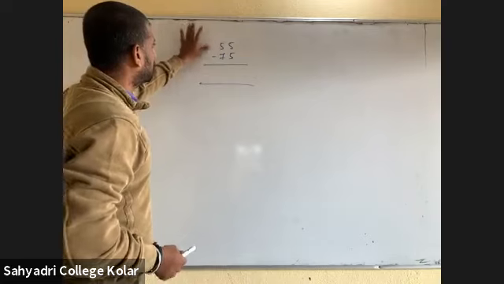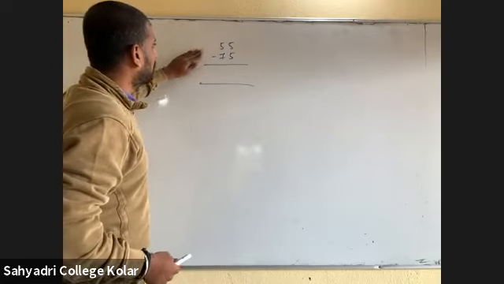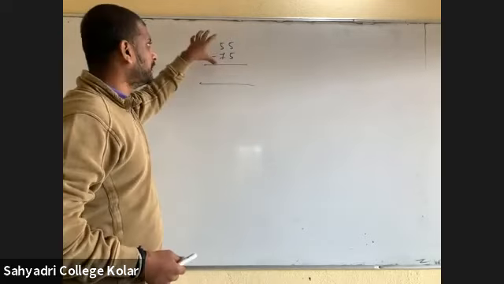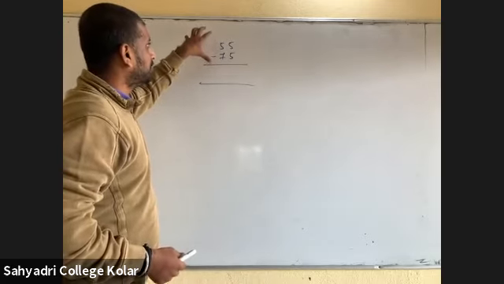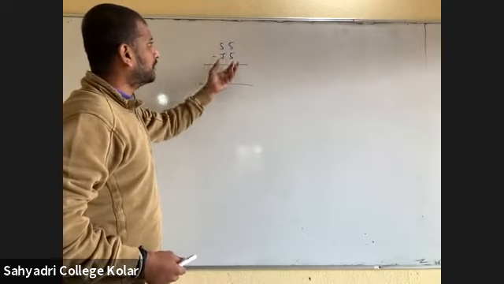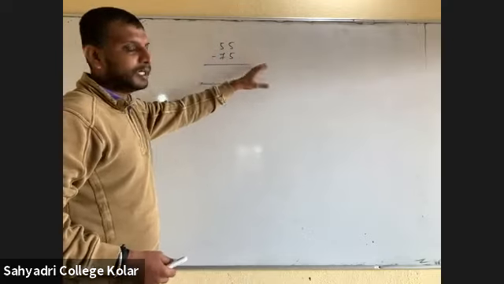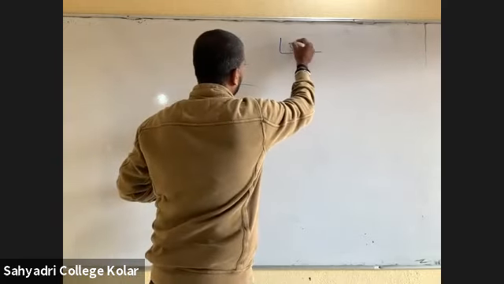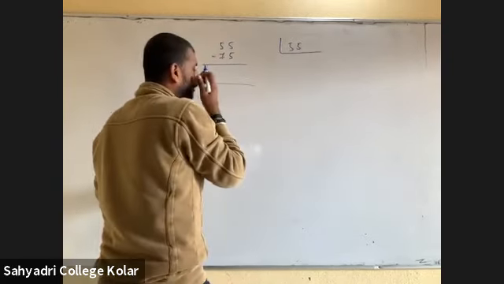Firstly, you need to perform this subtraction by making use of the ones complement. For that, firstly you need to convert these decimal numbers into binary form. So firstly I will convert 55 to binary form.